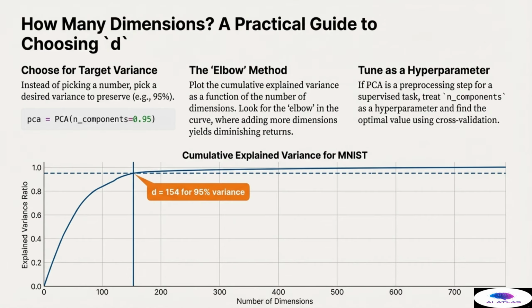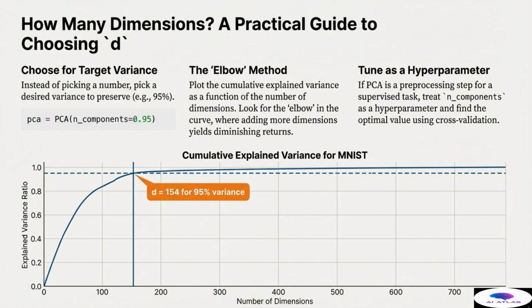Second, we use the elbow method. This involves plotting the cumulative explained variance as a function of the number of dimensions. You look for the elbow in the curve, which is the point where the curve starts to level off dramatically, indicating that adding further dimensions yields rapidly diminishing returns. For the MNIST example shown, the elbow suggests a good cutoff around 150 dimensions.